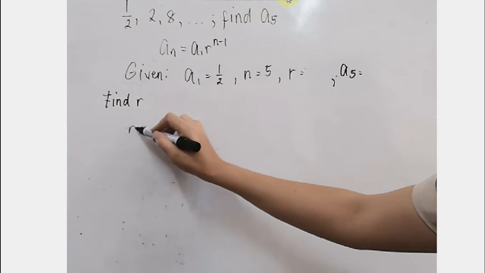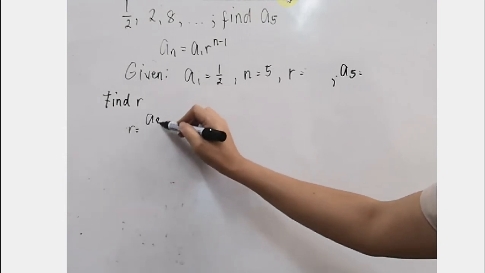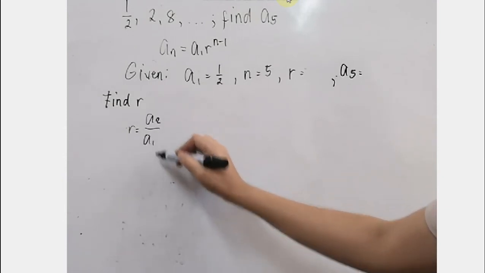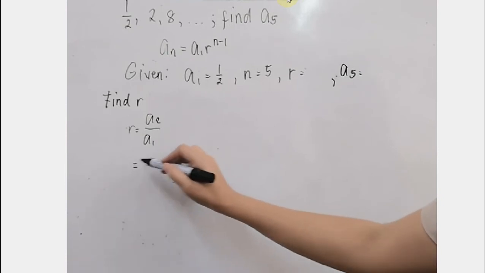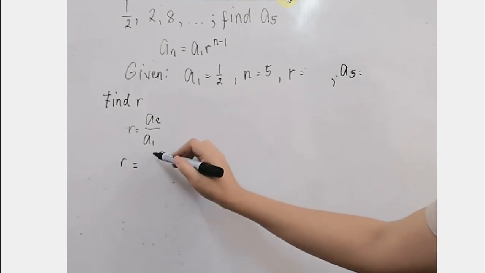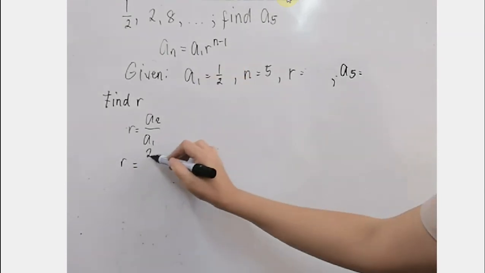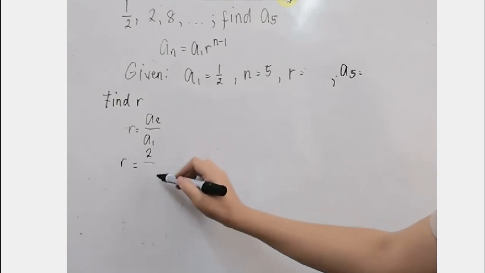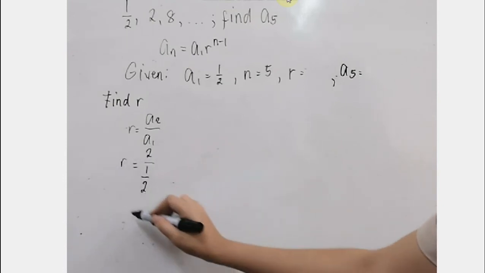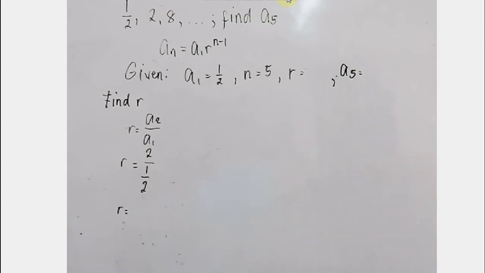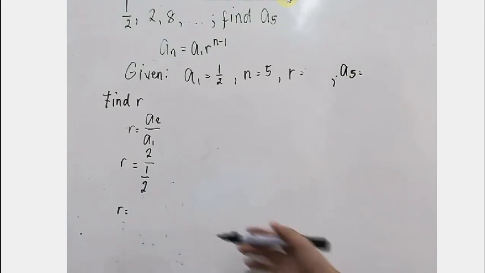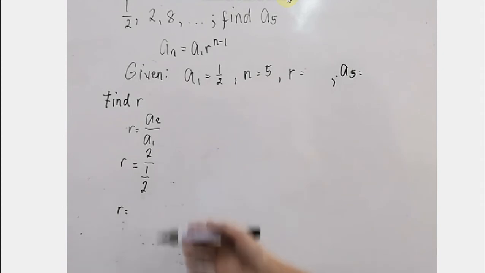So that will give us r is equal to a sub 2 over a sub 1. So let us substitute the value. R is equal to a sub 2 is, alright, 2. How about a sub 1? It's 1/2. Since yung denominator natin is fraction, so we are going to follow the rules of multiplying fraction.